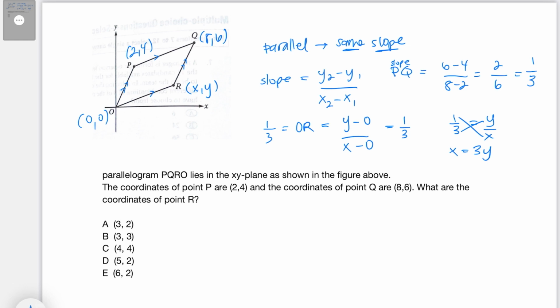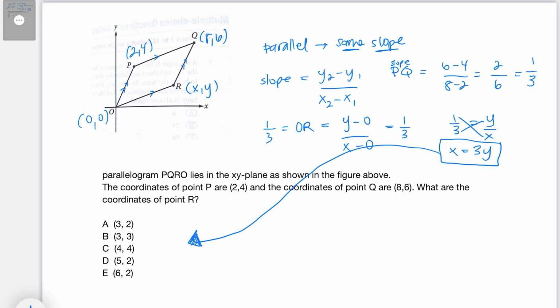I like this as my kind of relationship because I can stop doing math here and instead look at my answer choices. If X equals 3 times Y, Y is a number that when you multiply it by 3, you get X. All we have to do is look at our answer choices to see which ones behave that way.